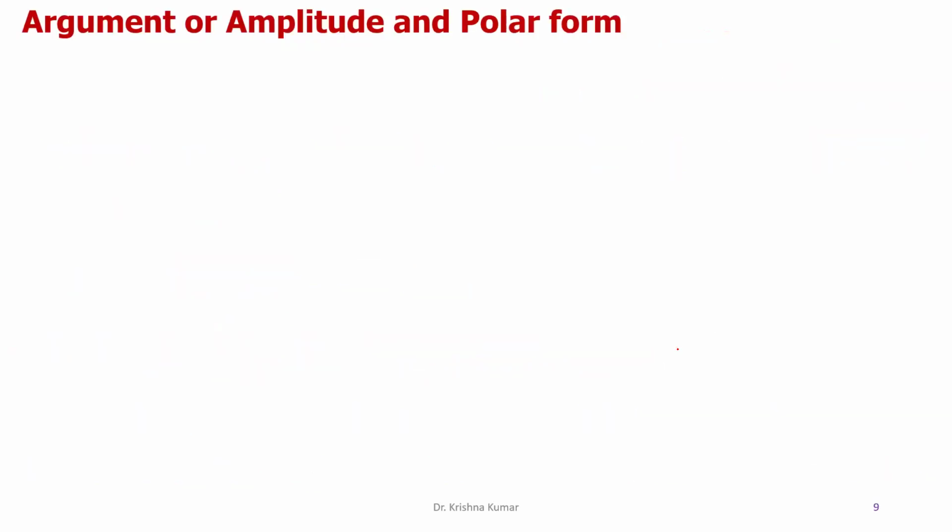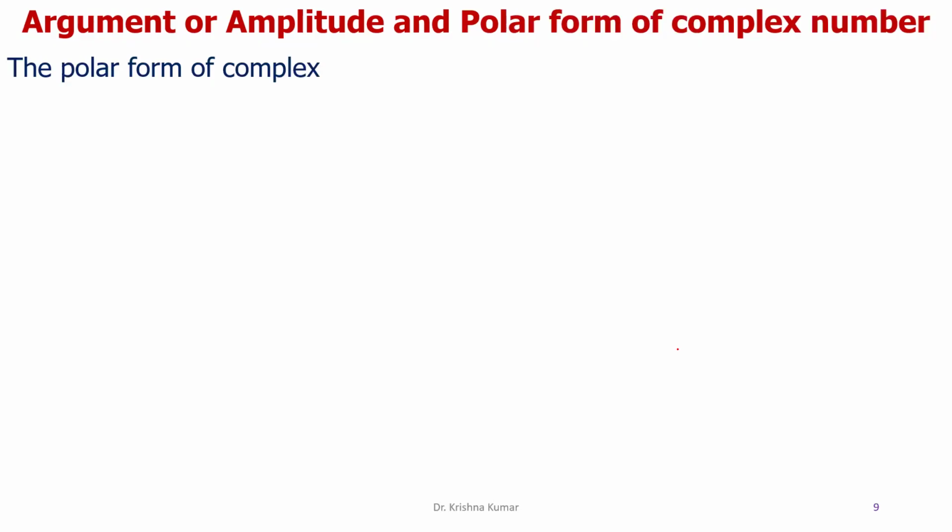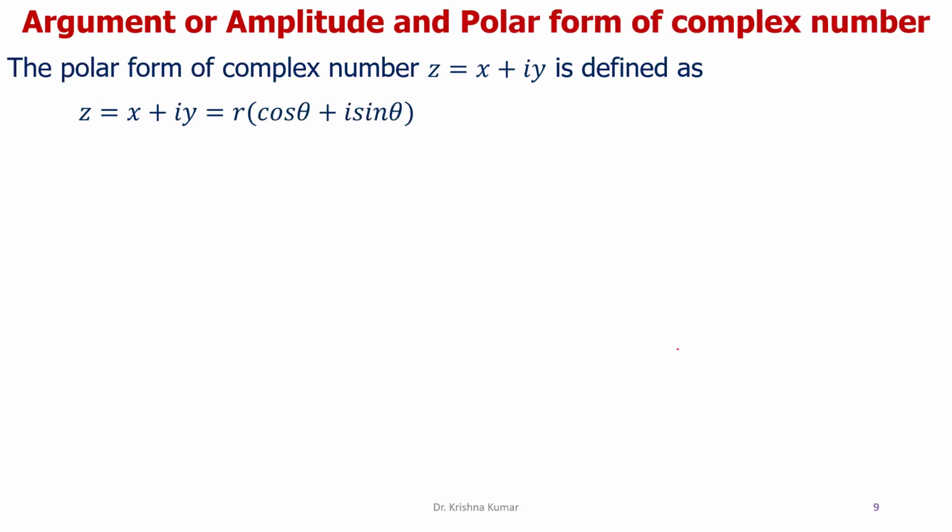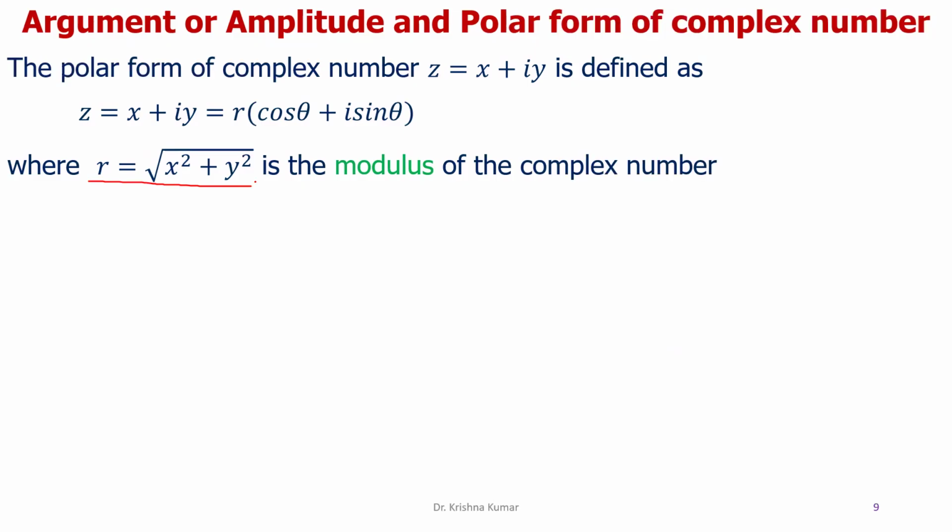Now, the second very important concept of a complex number is argument or amplitude and polar form of a complex number. The polar form of complex number z equal to x plus iy is defined as z is equal to x plus iy, which is given by r times cos theta plus i sin theta, where r is equal to root over x square plus y square.